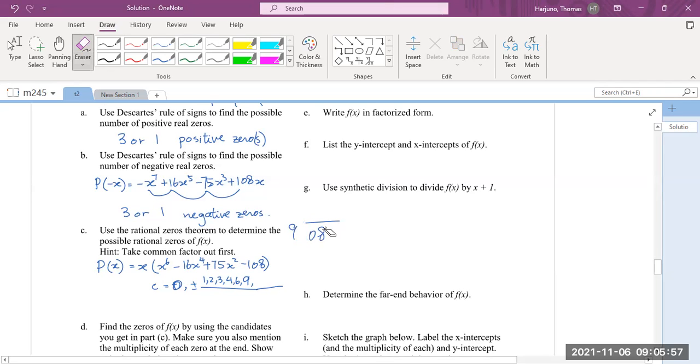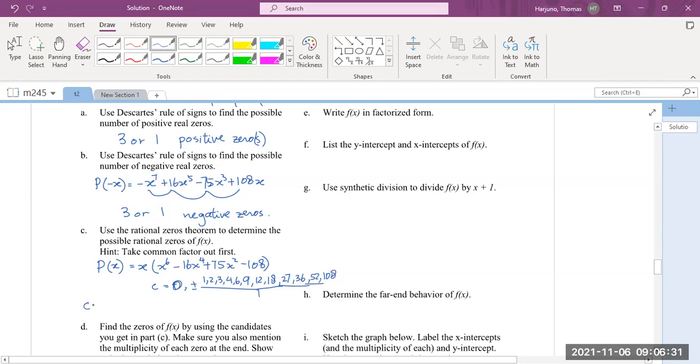So after 9 is 12. And then 18, 27 times 4, 36 times 3, 54 times 2, and 108 over 1.